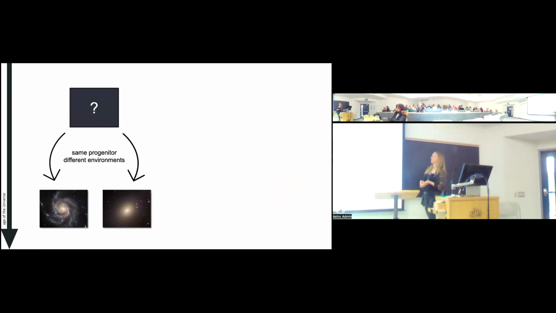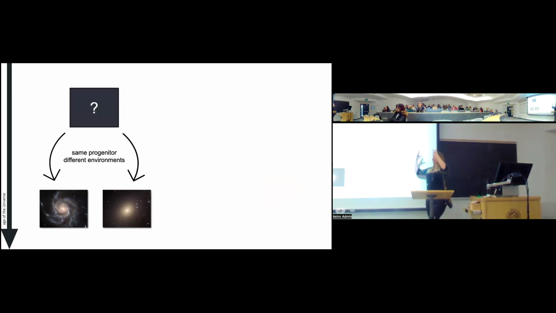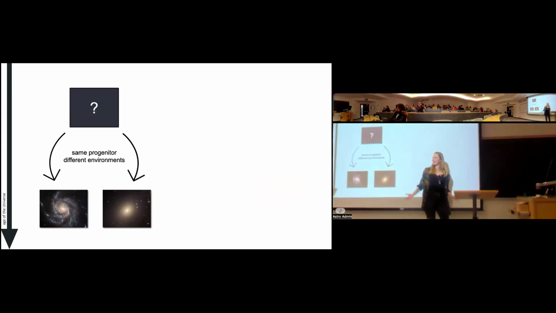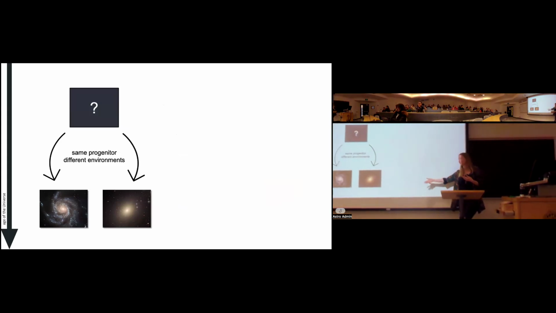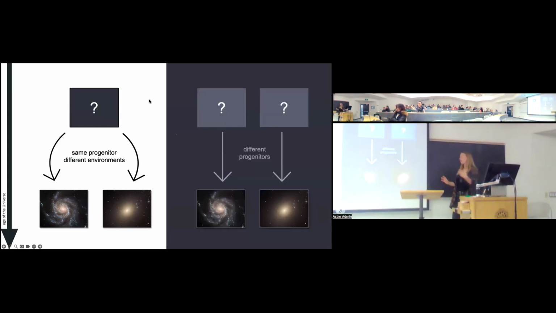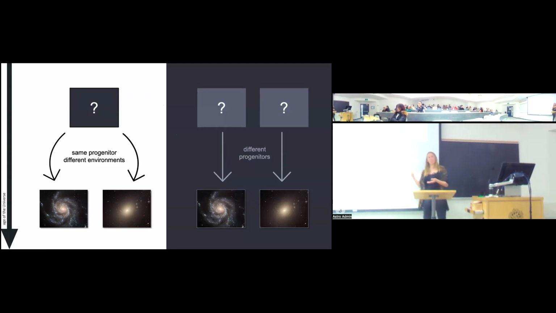One way you can think about it is, maybe you had one galaxy at high redshift that had the same initial intrinsic properties, but it lived out in different environments, and so you get this difference because of where it lived out its life. Maybe it was born in a galaxy cluster, or what will become a galaxy cluster, or in a group, or in the field. And so you get these two different galaxies in the end. Or maybe they started different. Maybe they have different progenitors from the beginning.